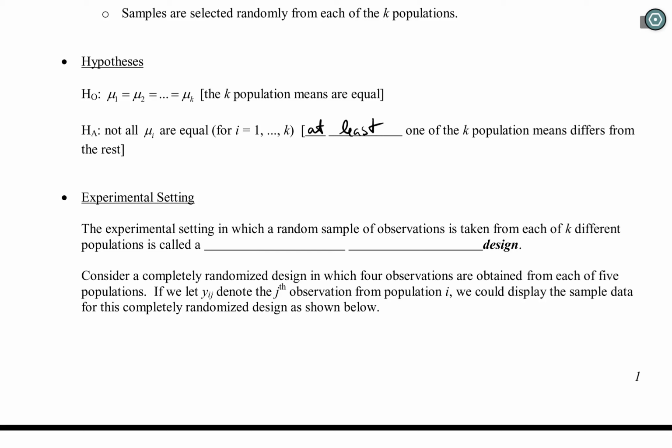Now this has a particular experimental setting, and it has a special name. When we take a random sample of observations from K different populations, this is called a completely randomized design.